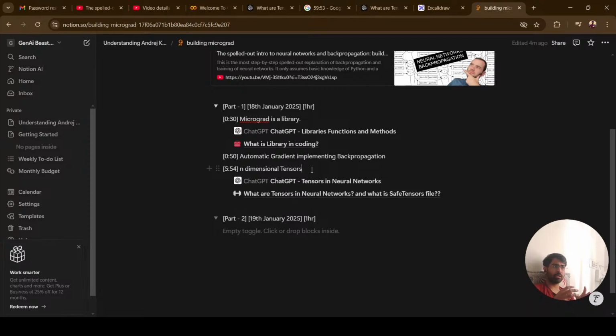Let's say you have an image with dimensions 28 by 28 or 1920 by 1080. These are the pixels, the width and height of the image. But in relation to this, each pixel has some RGB value, so that is also something we need to consider.